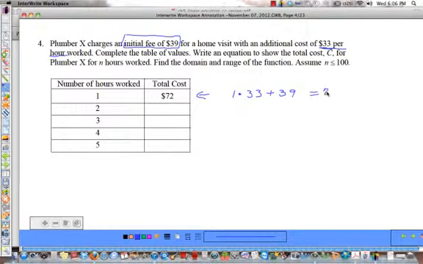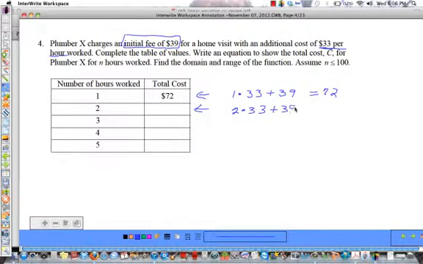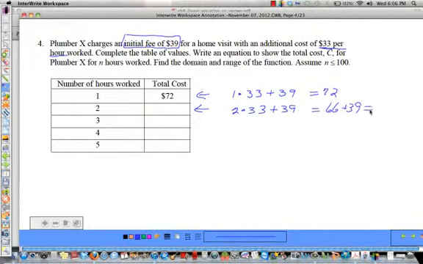If he comes out for 2 hours, he gets $33 an hour. So that's 66. Plus the initial 39, that gives him 66 plus 39, which is a total of 105. Now I'm going to fill the rest of the chart out.